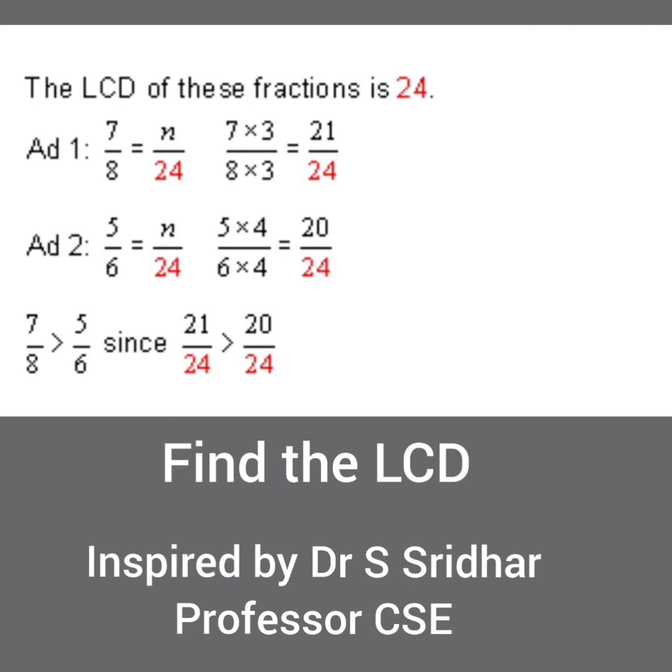So now you consider 7 by 8 is naturally greater than 5 by 6 because 7 by 8 is equal to 21 by 24, which is greater than 20 by 24 for the second fraction. So thus we find the LCD of these fractions is nothing but 24. And also it's a very good idea that once you get the LCD, you can compare the fractions also like in this example.